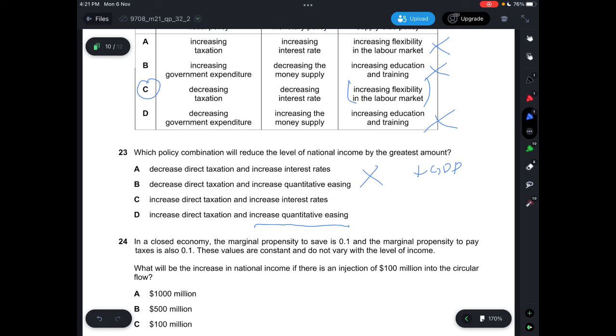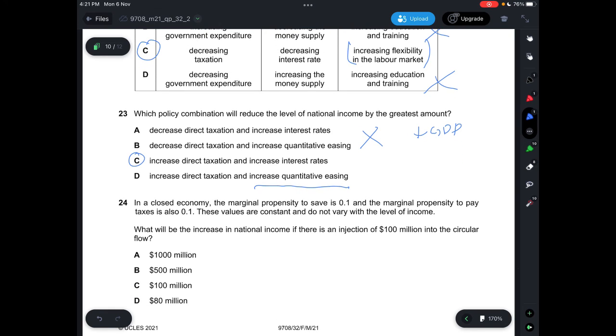So the answer here would have to be C. Alright. So because if you increase quantitative easing, the definition here is when the central bank purchases predetermined amounts of government bonds or other financial assets in order to stimulate economic activity. So D is not the answer because of that. Because it will stimulate economic activity.